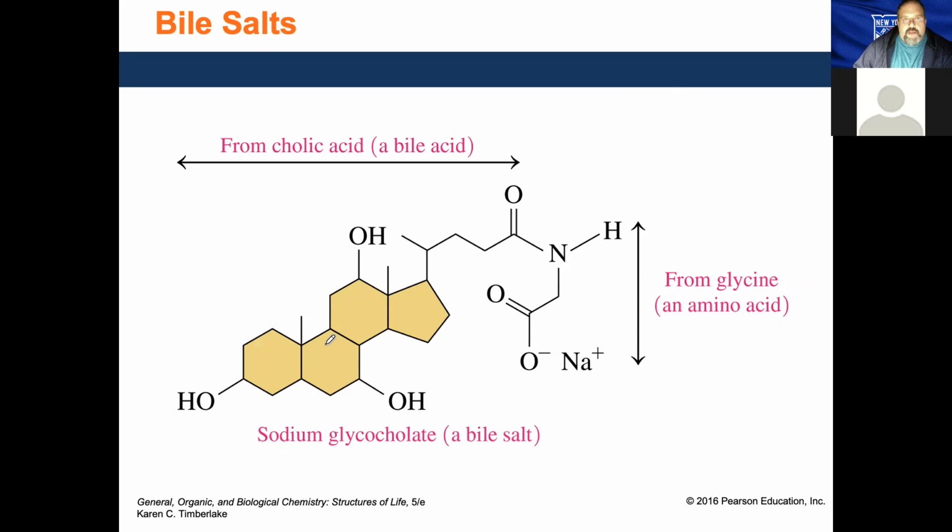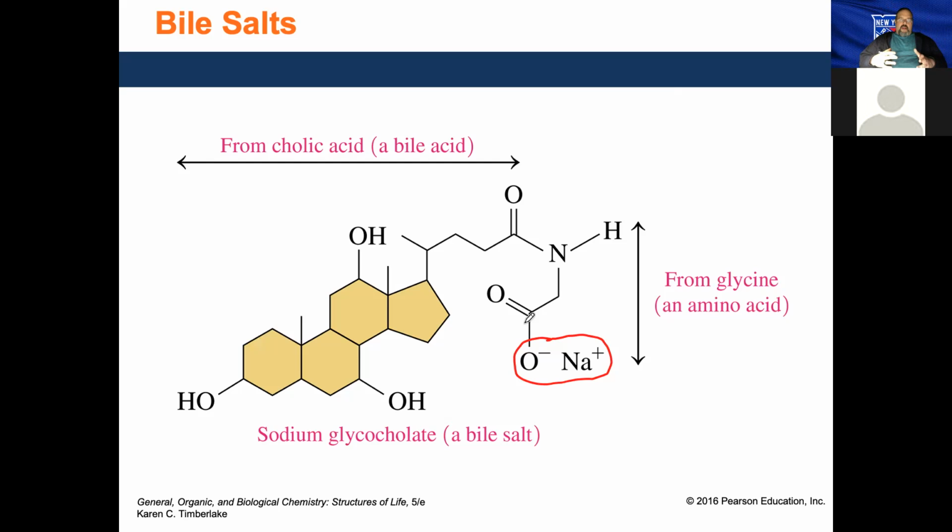Essentially, to me, your nonpolar region is really the steroid nucleus. Even though there are OH groups present, the number of carbons in the steroid nucleus really makes it a nonpolar region. But the reason why it's classified as a salt is because on the end you have a carboxylate group, the C double bond O connected to O minus.